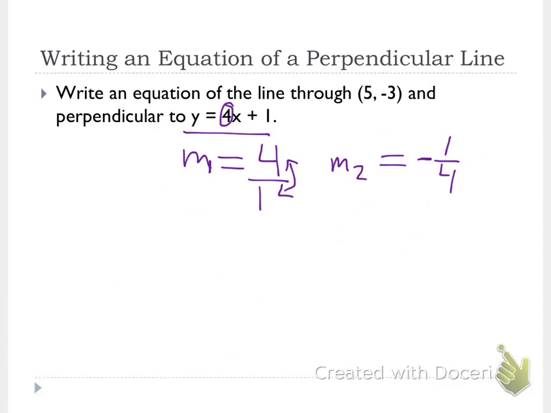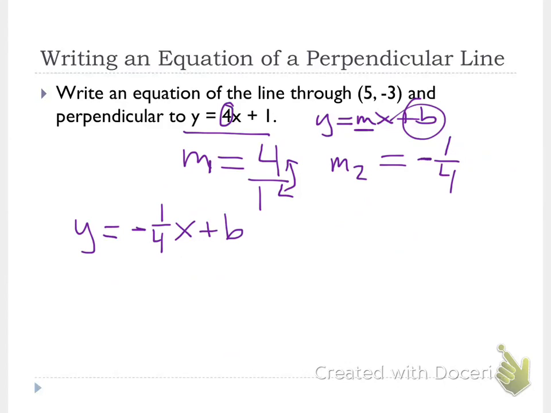Now, it gives us a point. We don't know b. We have y equals mx plus b, and this is where they relate, and this is where they change. They're not dependent on each other. So we need to find b. So right now we have y equals negative 1/4 x plus b.